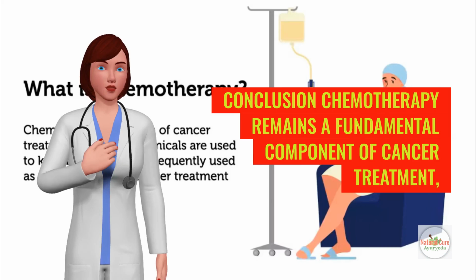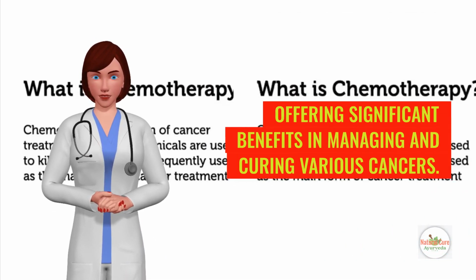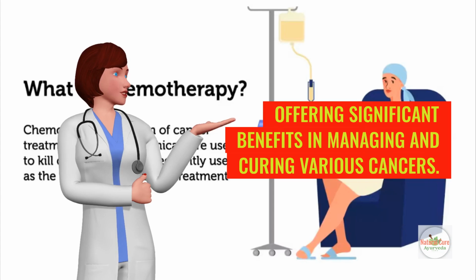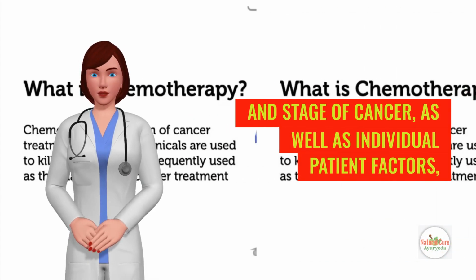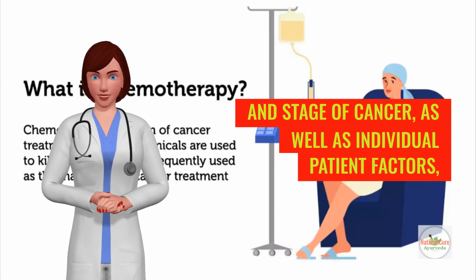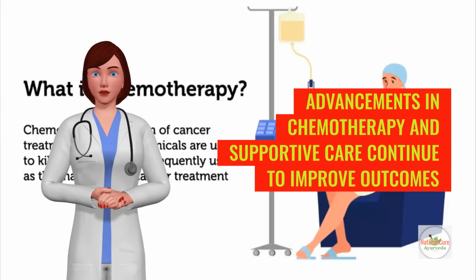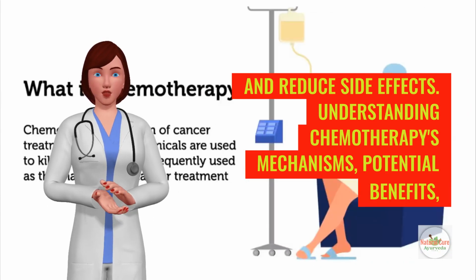Conclusion. Chemotherapy remains a fundamental component of cancer treatment, offering significant benefits in managing and curing various cancers. While its success rate can vary widely depending on the type and stage of cancer, as well as individual patient factors, advancements in chemotherapy and supportive care continue to improve outcomes and reduce side effects.